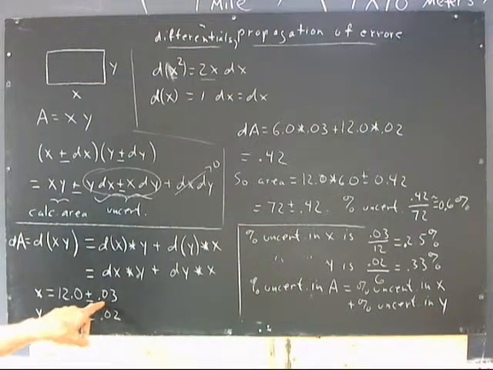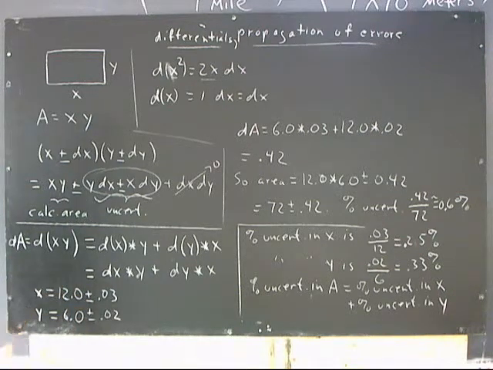That is an uncertainty of 0.03. Notice I've also suppressed the units. You understand that you would use them here if you had whatever set of units you have. So x is 12 plus or minus 0.03, y is 6 plus or minus 0.02.